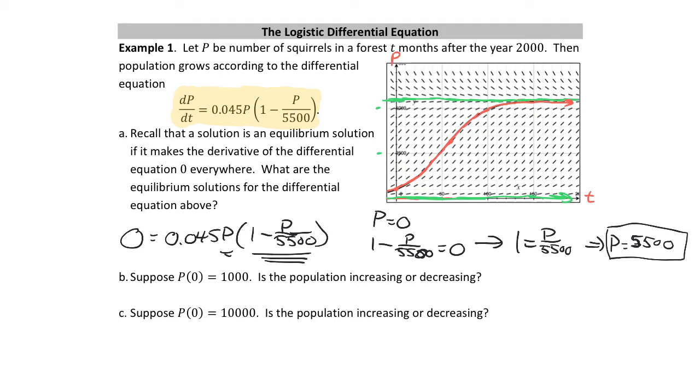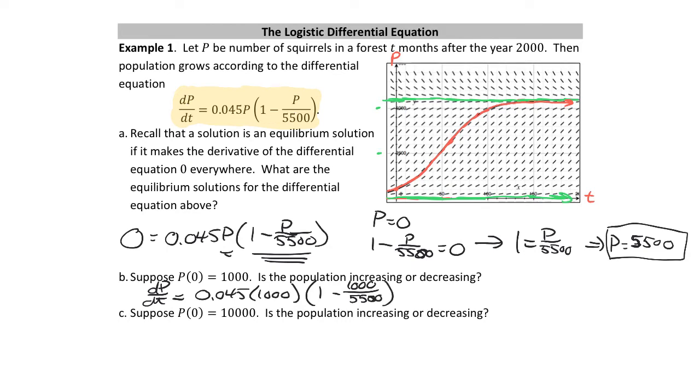So let's look at the derivative evaluated at 1,000. dP/dt will be 0.045 times 1,000 times 1 minus 1,000 divided by 5,500.